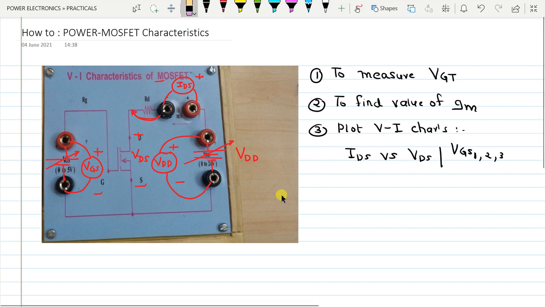That is why we consider the equation VDS equals VDD minus IDRD, where RD is approximately 1 kilo ohm. So the value of this voltmeter VDD minus the value of this current meter IDS into 1000 ohms will be the value of VDS.